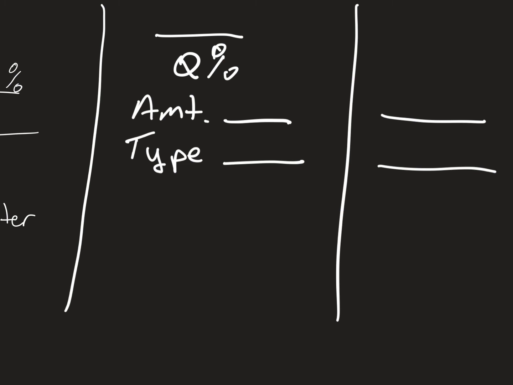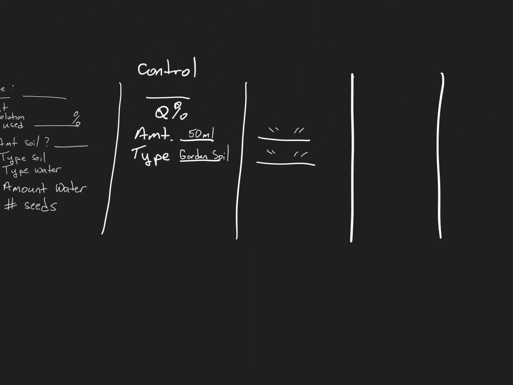You would use words like acidic, basic, neutral. But we're not going to do that. We're going to use the word garden soil for all of them. The amount, let's just say, I'm going to just give it a number, 50 milliliters. And that's going to be the same for all of them.